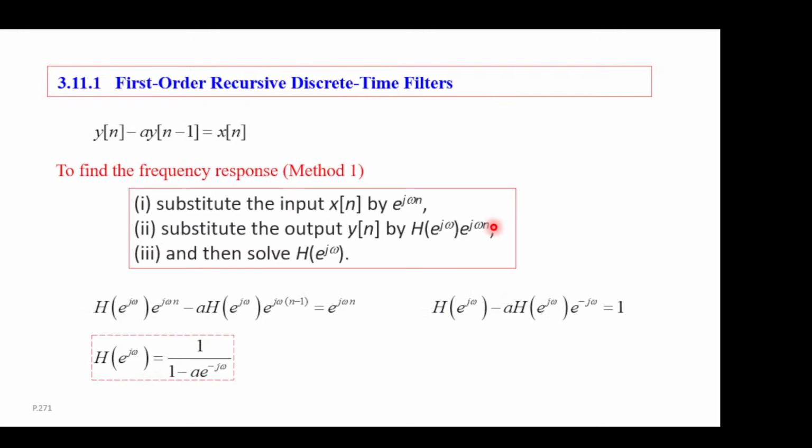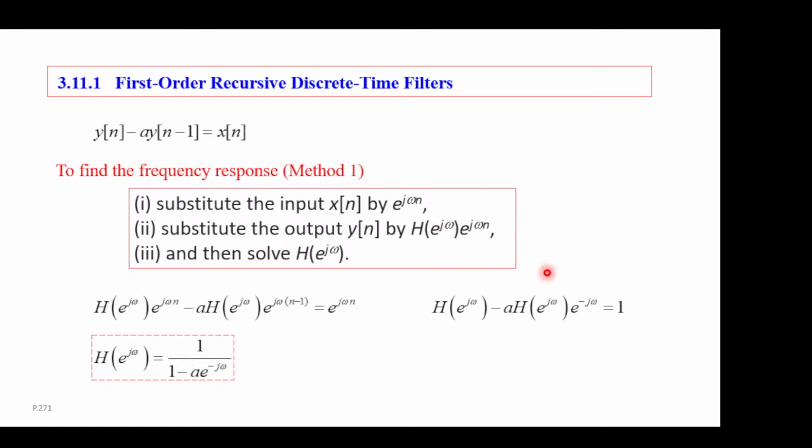So we do a similar thing. So here are the steps. You say your input is e to the j omega n, and output is H of e to the j omega times e to the j omega n. So basically the same thing, just a different notation here because we want to write z, so this is e to the j omega instead of just j omega. And then you can solve for big H.